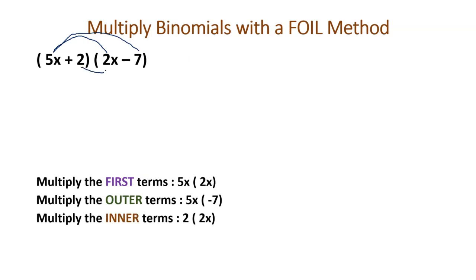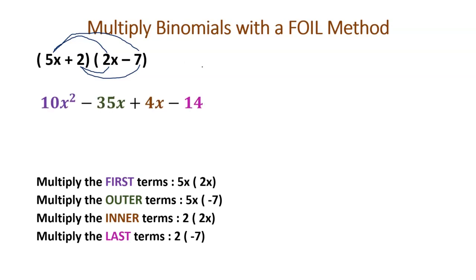Let's do the inner terms now. 2 times 2x, that's inner, the one inside. That should give you 4x, positive 4x. And then we'll do the last term. So the last term means the second one inside the parenthesis. So 2 times negative 7, that should give me negative 14.